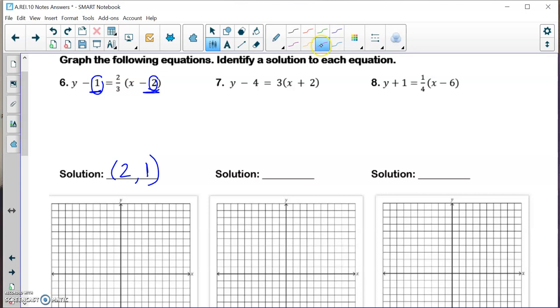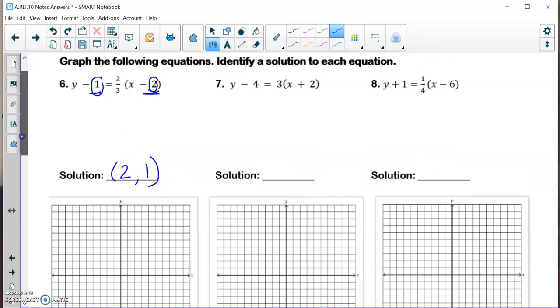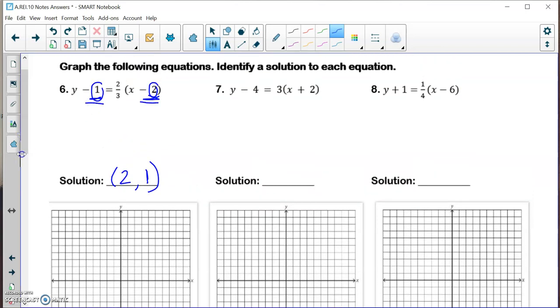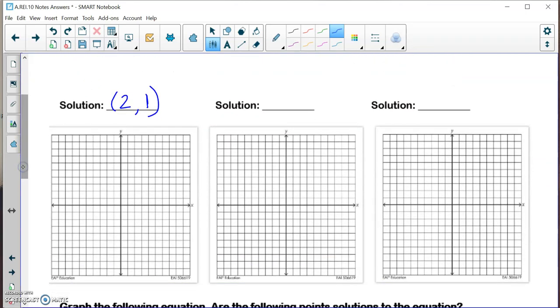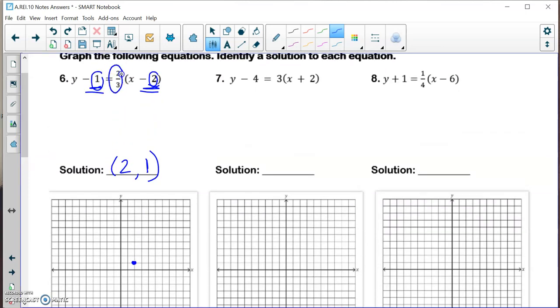And now, what we're going to do to graph a point-slope form equation is graph this point 2, 1, because that's a point that lies on the line. And now we're going to use the slope 2/3 to graph the rest of the line. So I can go up 2 and over 1, 2, 3.